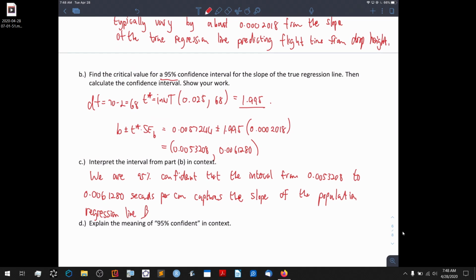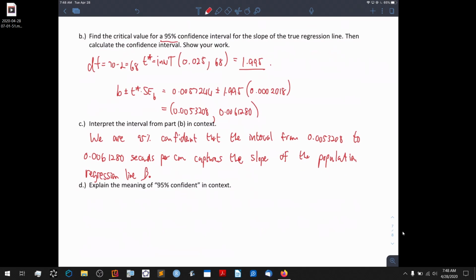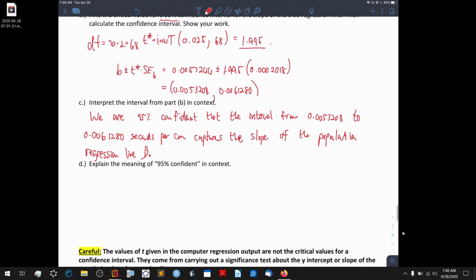Okay, and you can say relating, so what does the population regression line do? It relates, again, like we said here, flight time and drop height. Okay, but I will just stop there. We're 95% confident the interval from there to there seconds captures the slope of the population regression line beta. That's good enough.